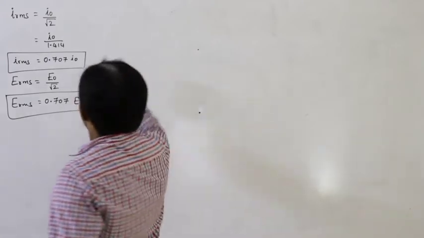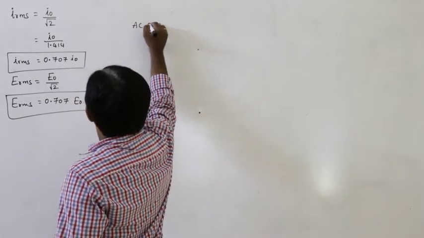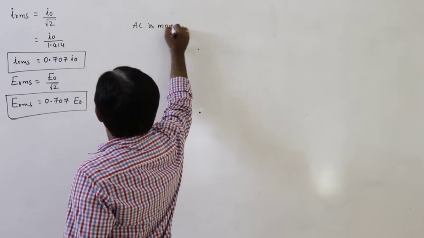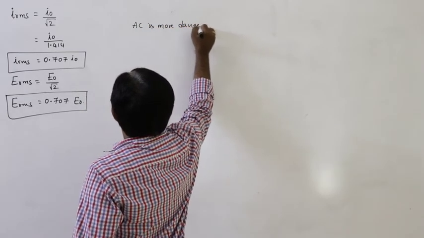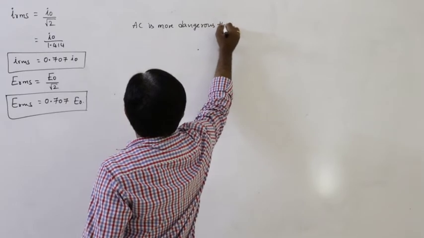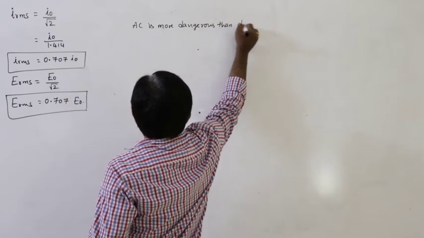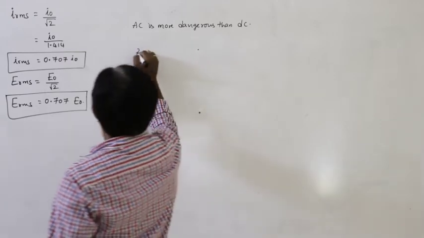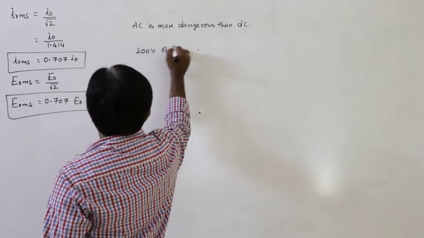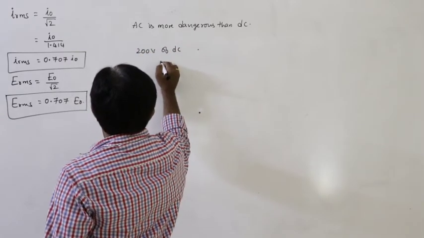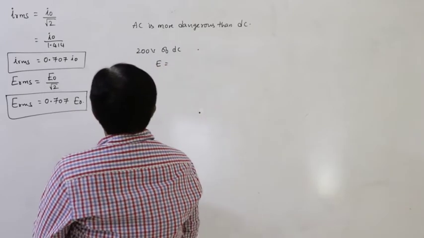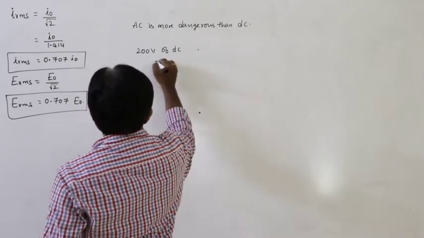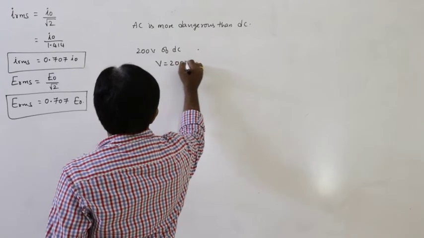So that means AC is more dangerous than DC. Why is it? For example, 200 volts of DC. That is potential equal to 200 volts, no doubt.